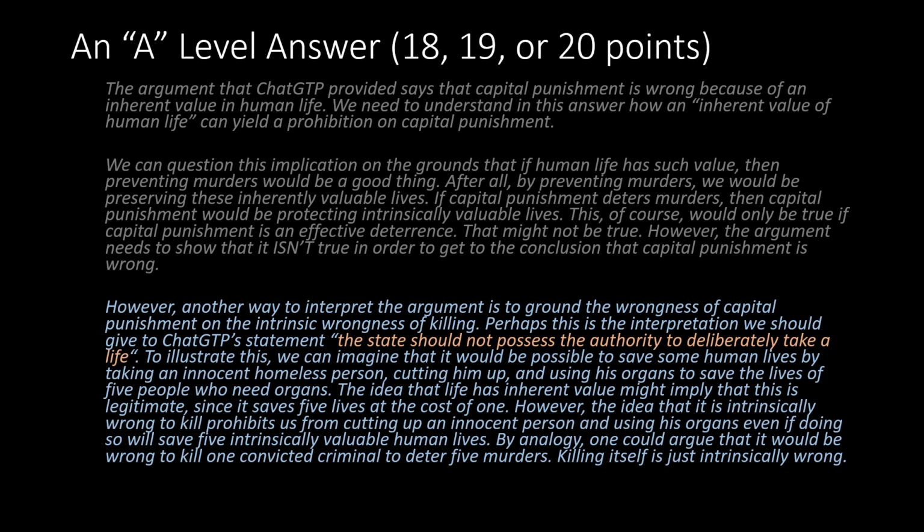However, the idea that it's intrinsically wrong to kill prohibits us from cutting up an innocent person and using his organs, even if doing so will save 5 intrinsically valuable human lives. By analogy, one can argue that it would be wrong to kill 1 convicted criminal to deter 5 murders. Killing itself is intrinsically wrong, end quote.